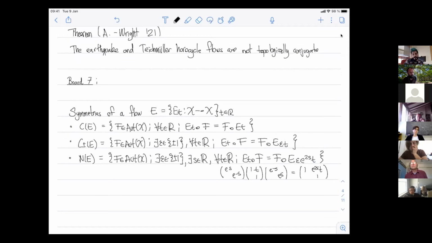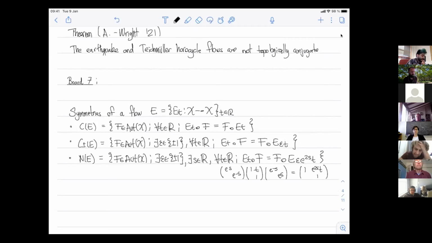So this normalizer is defined to account for this. An automorphism normalizes a flow if it might possibly not commute with the flow, but it dilates its time. That's what this is supposed to mean, and it happens in the same way that it happens for SL2R.